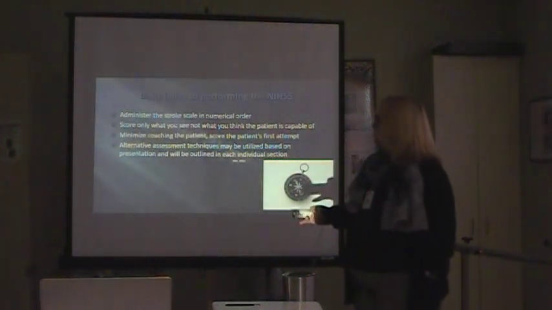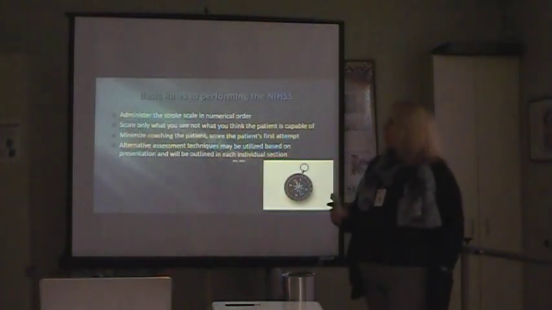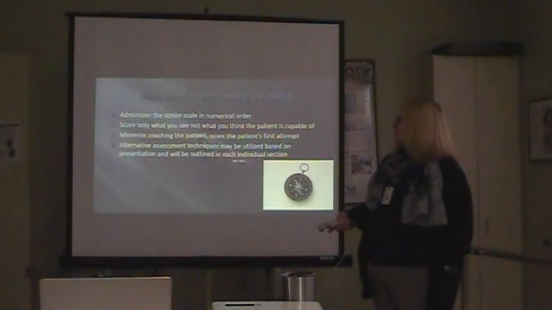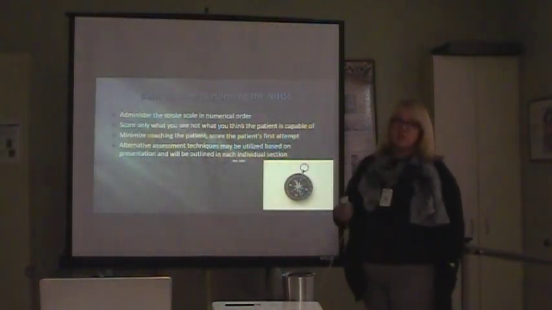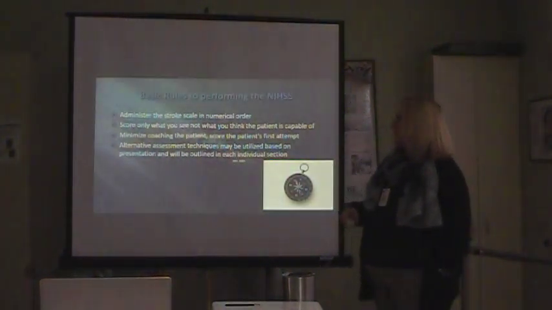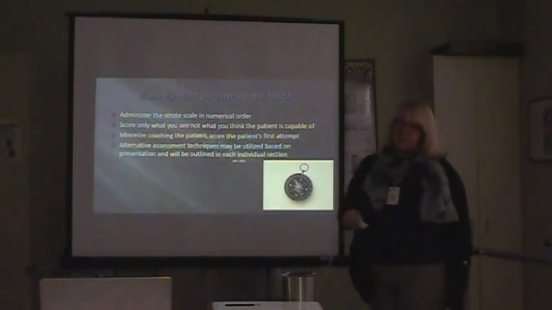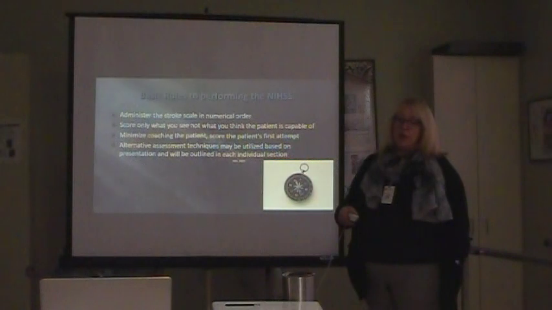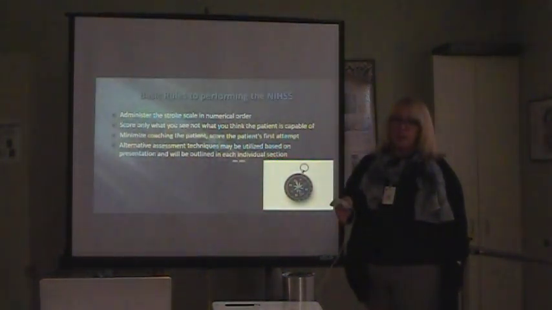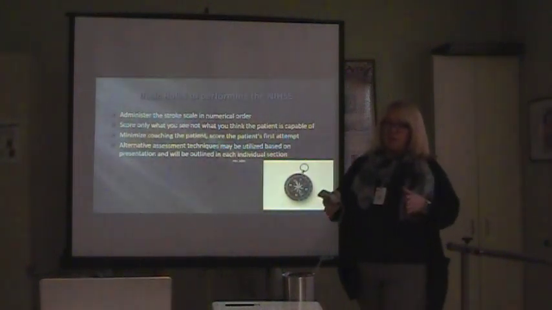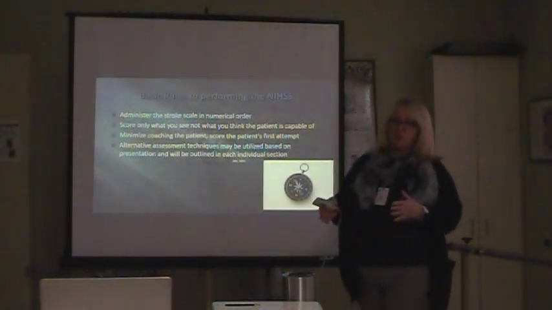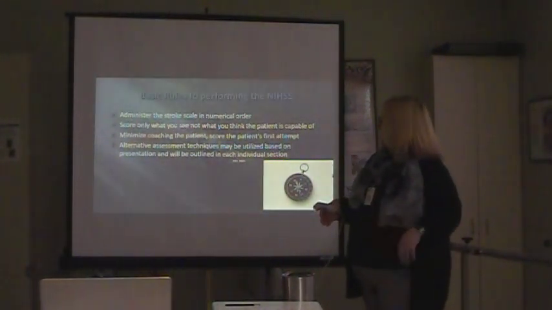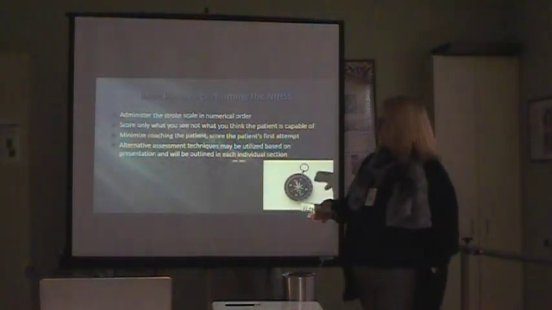So the basic rules in performing an NIH stroke scale is to administer it in order 1 through 11. Score only what you see, not what you think you see, because you want to give a true score and not kind of fudge the score so that the patient is doing better than what it looks like.